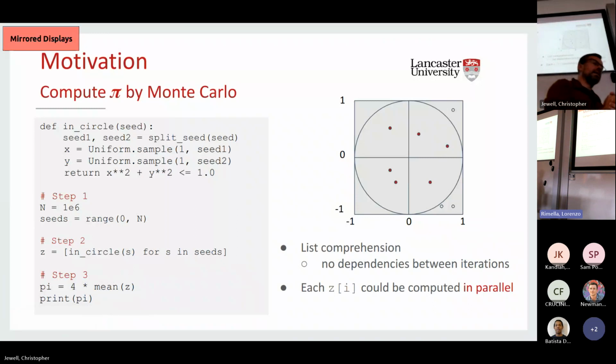So that means if I had a million processors, I could give each processor the job of executing one instance of the in-circle function with its accompanying seed. And if I did that, then hopefully I wouldn't have to wait a million times the length of in-circle to execute. I'd just wait the time that it takes for in-circle to execute over all processes.